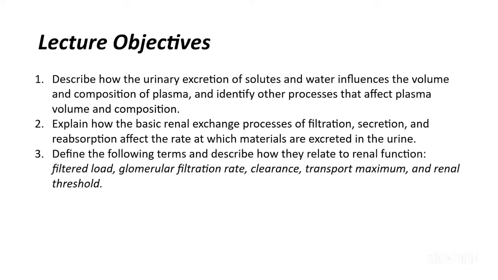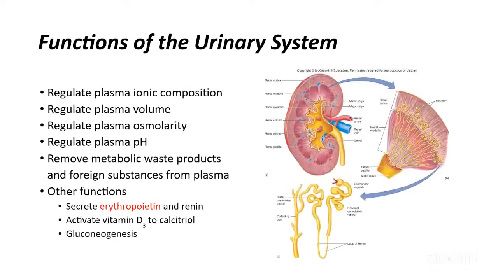Okay. So today we are going to begin talking about that main function of the urinary system. So the urinary system does do many other things. So we've spoken about the acid-base balance. So it's regulating our plasma pH.